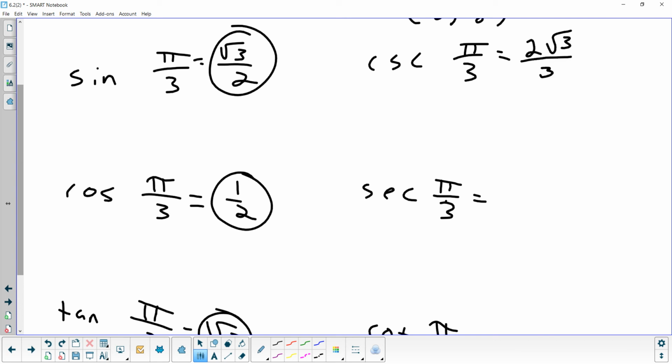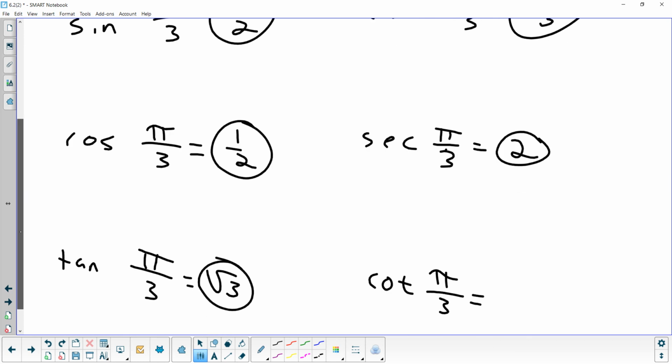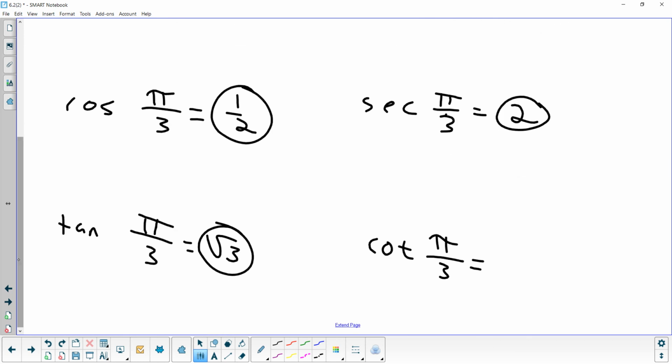Michael, how about my secant? 2. Yep, we're just going to take the cosine and flip it. That one's nice, no root. We don't have to worry about fixing anything. And what about my cotangent? If you're not sure what to flip, think of it like that. John? Square root 3 over 3.